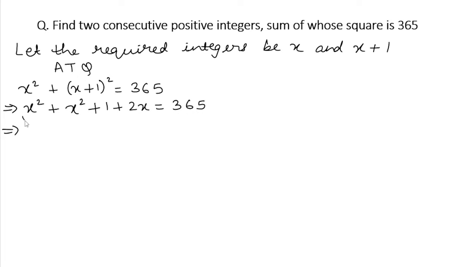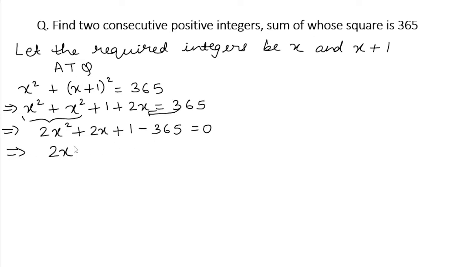Now this x square plus x square we can combine and write as 2x square. This 2x I am writing as it is, plus 1 also I am writing as it is. 365 I am going to take on the other side and this will become minus 365, that is equal to 0. So this is 2x square plus 2x minus 364 is equal to 0.